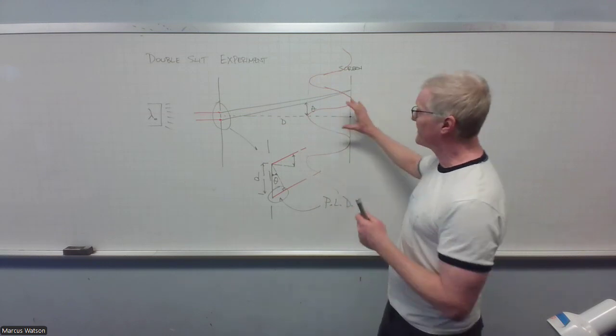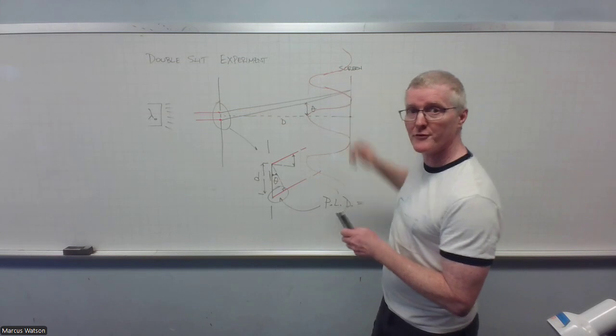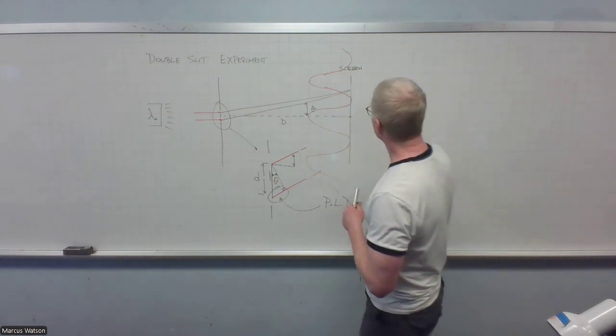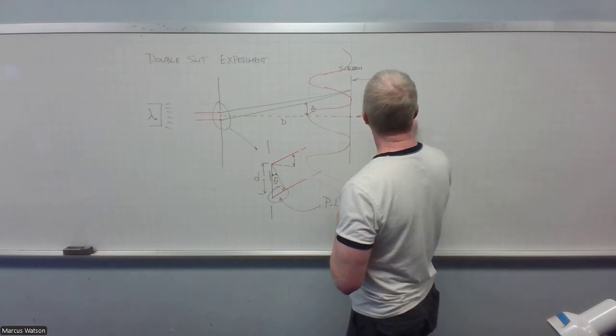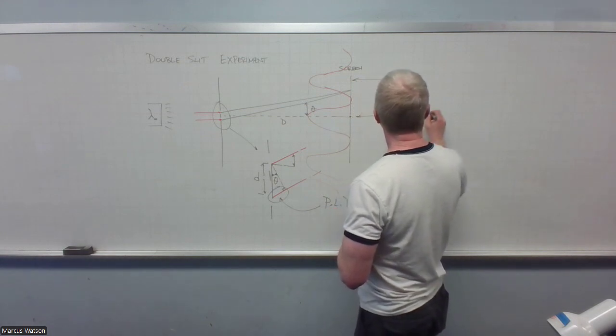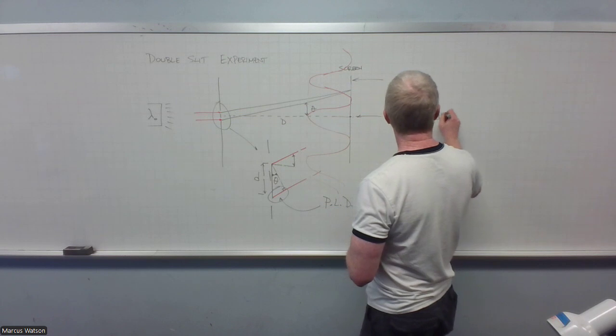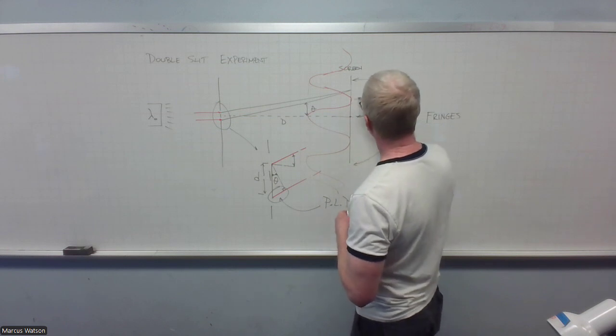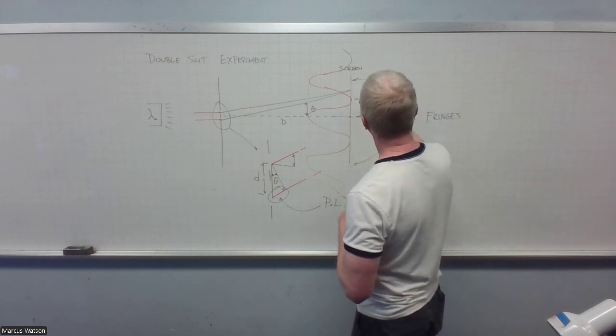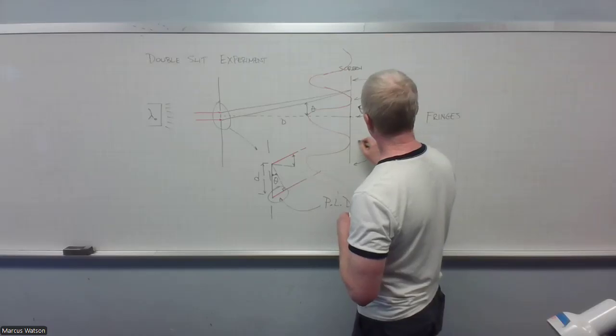You find that there are bright spots or fringes and dark fringes. These are bright fringes, and these are dark fringes.